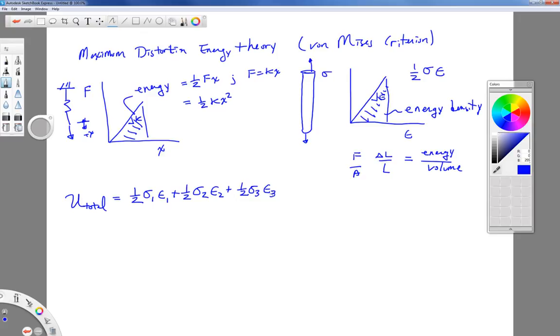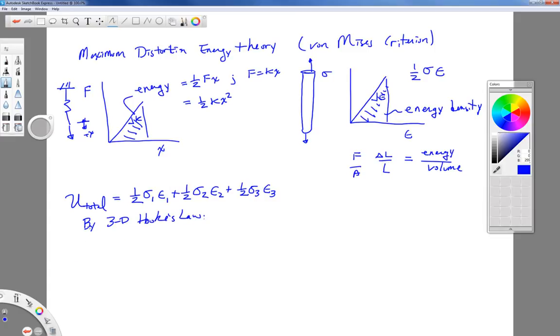Just like we can express the energy stored in a spring in terms of the displacement or the force and the spring stiffness, we can use Hooke's law to represent this energy density. Then we would have it in terms of the modulus of elasticity, Poisson's ratio, and all of that. So without doing the algebra, I'm going to write down this 3D Hooke's law.